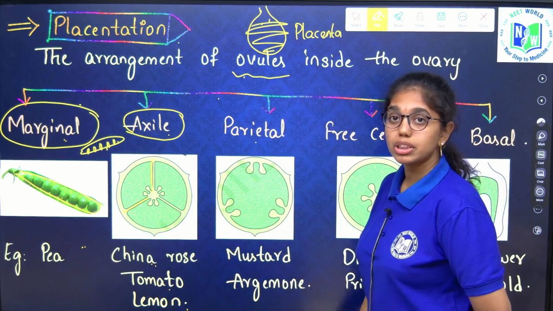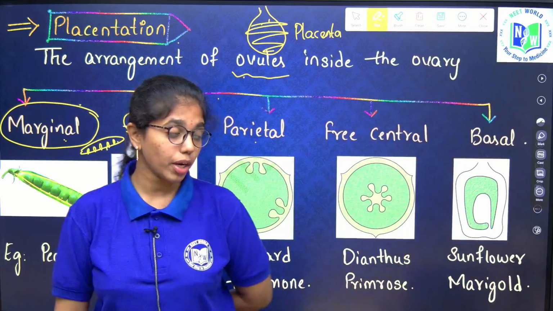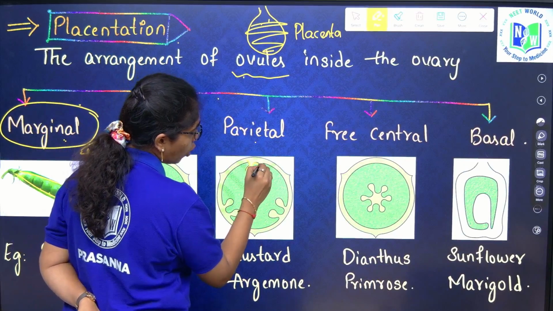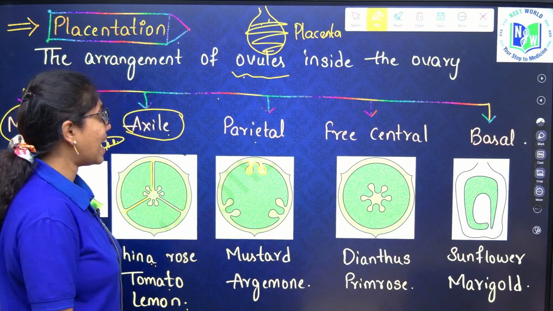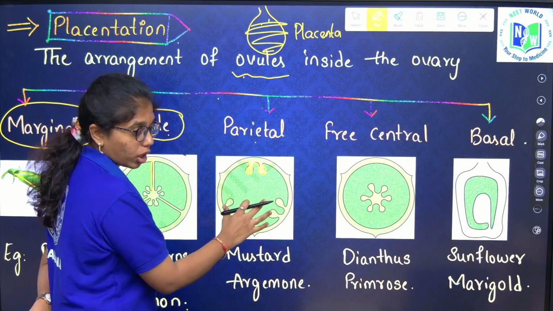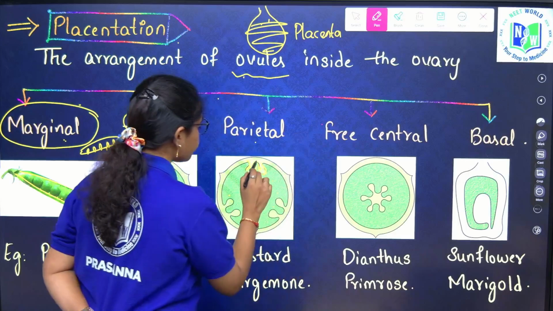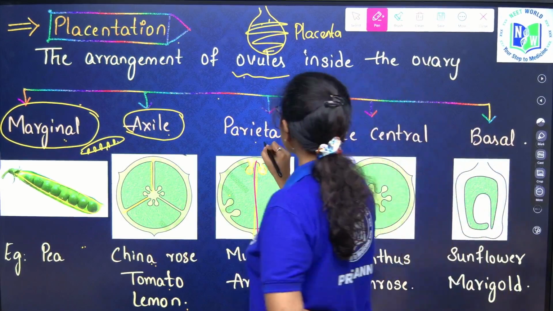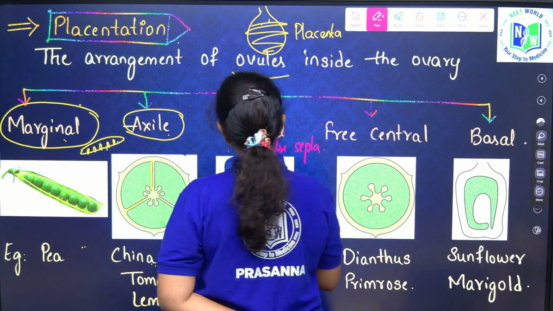Next comes parietal placentation, wherein the ovules are formed on the inner wall of the ovary. Sometimes there is no true septa to differentiate the locules, but a false septa arises and it looks like two chambers, which differentiates into two locules.